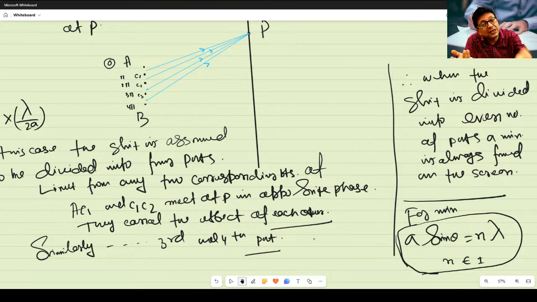If n is 1, see how minima will be formed there. If n is 2, how minima will be formed. So for minima the condition is a sin theta equal to n lambda. This you can never prove by direct mathematical calculation. Alright, this is for minima. Let us see how maxima will be there.